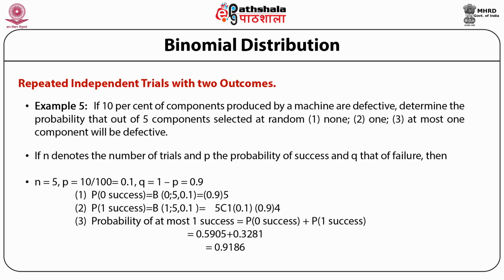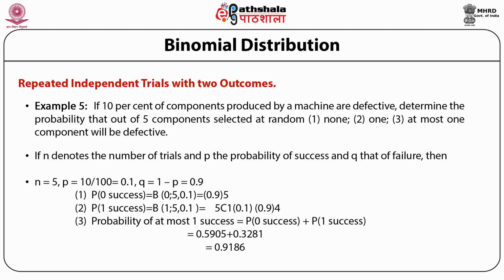Probability of no success, that is r equal to 0, will be q raised to power n, and the probability of one success is nCr, where r is 1, that means 5C1, p raised to power r, that is 0.1 raised to power 1, 0.9 raised to power 4.